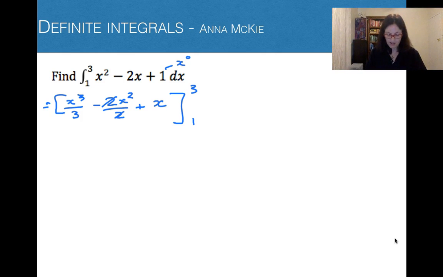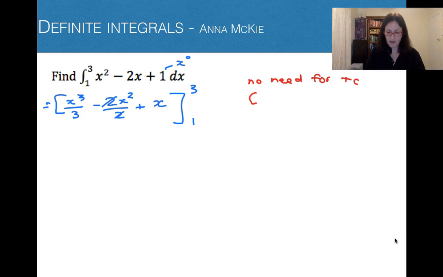Now you might be asking yourself, well, what about that plus c? Well, what is going to happen, I'll just write this off to the side here, no need for plus c, is that with those square brackets, we are now going to substitute in 3 into each term and take away when we substitute in 1.